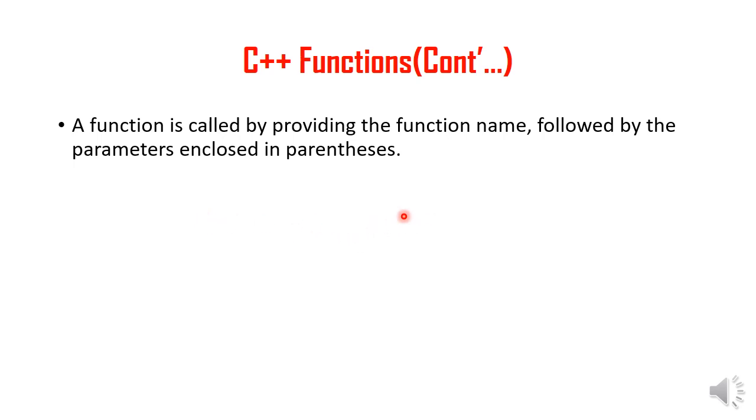So to call a function, we must always have the function name and the parameters, or actual parameters, which are enclosed in parentheses. And as you know, in C++, each statement is ended by a semicolon, so that is the reason why the function call statement is always ended by a semicolon.